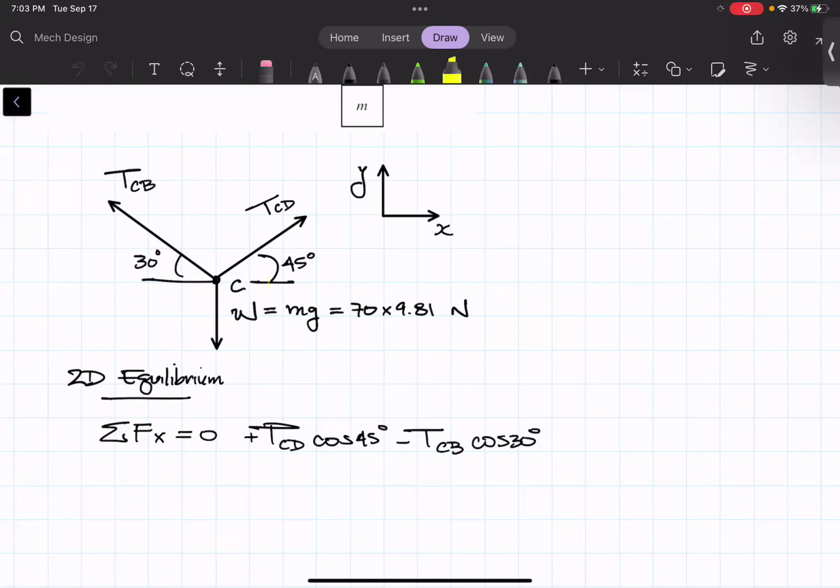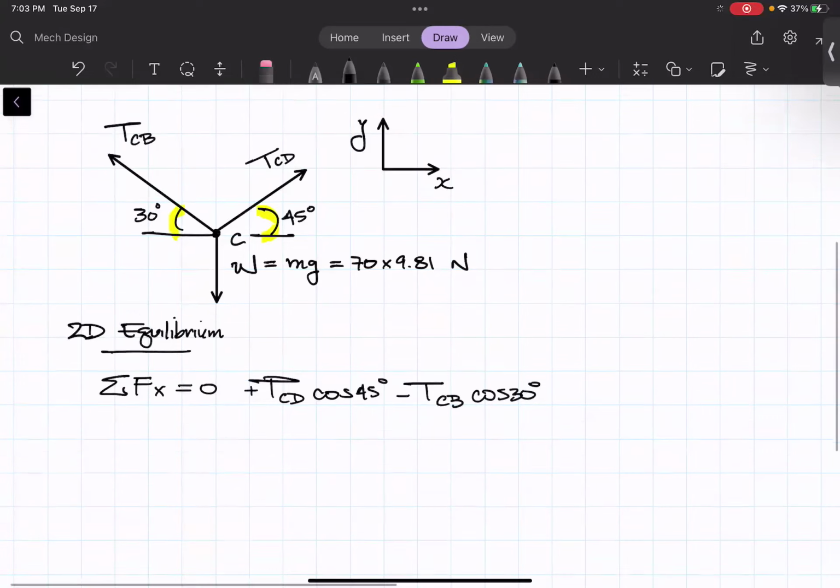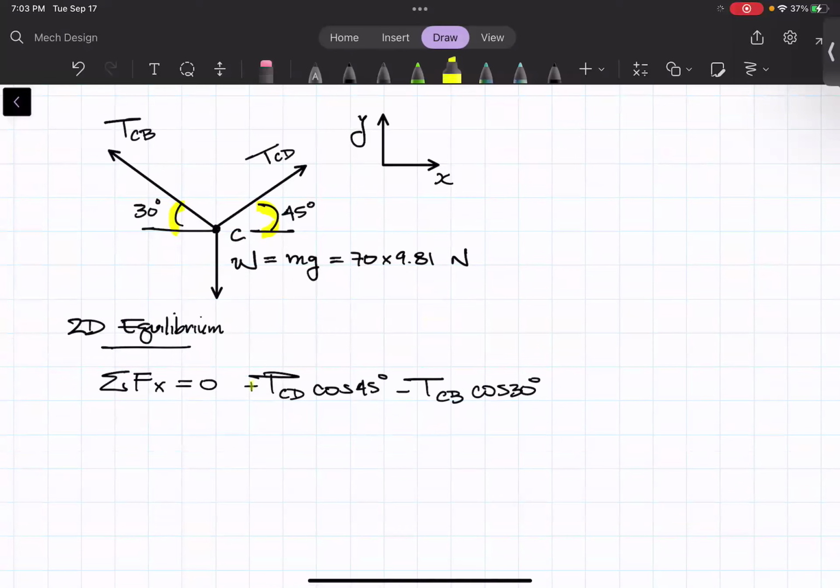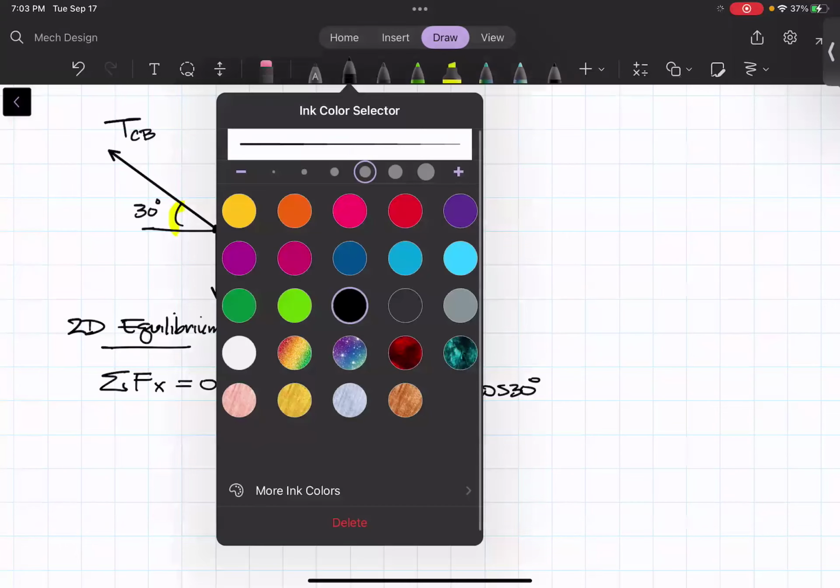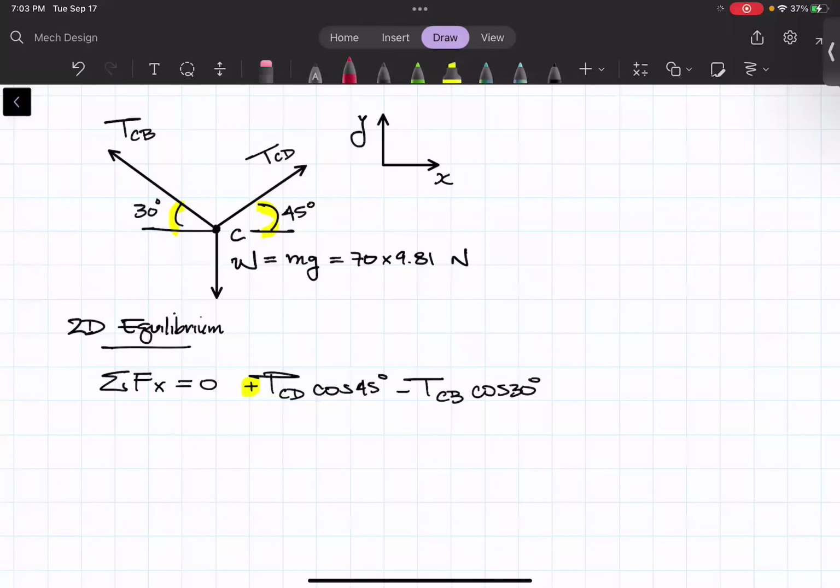When our reference angle is relative to the horizontal axis, we use cosine to get the X component. The X component of TCD is positive based on the direction that we see here. It would be going this way.